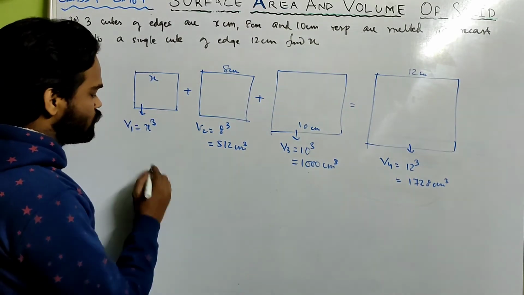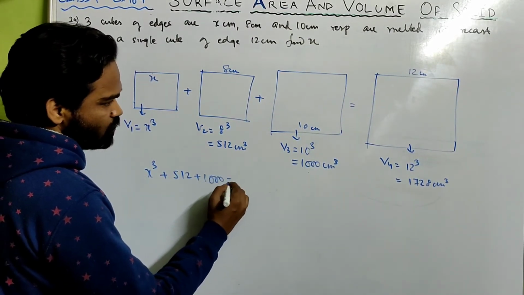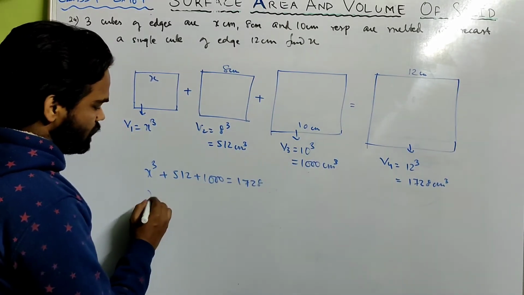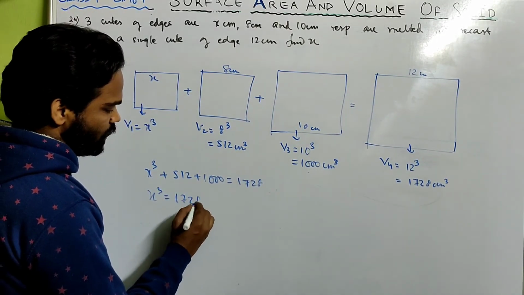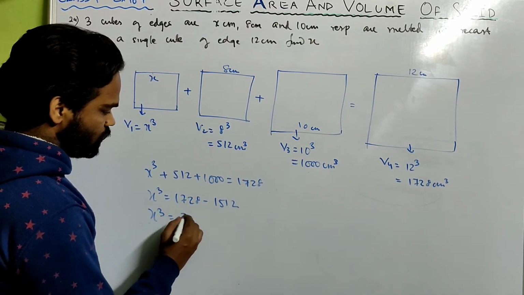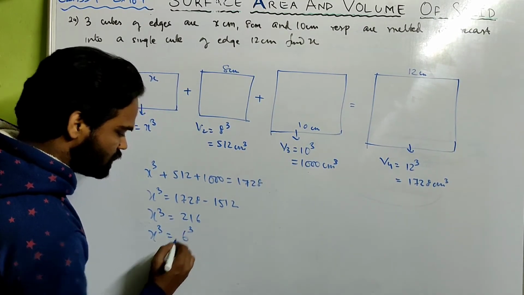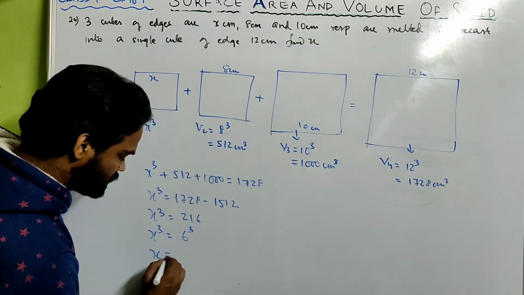Now, according to the given situation, x cube plus 512 plus 1000 equals 1728. That's x cube equals 1728 minus 1512. So x cube will be 216. 216 is the cube of 6. 6 cube is 216, which means x equals 6.